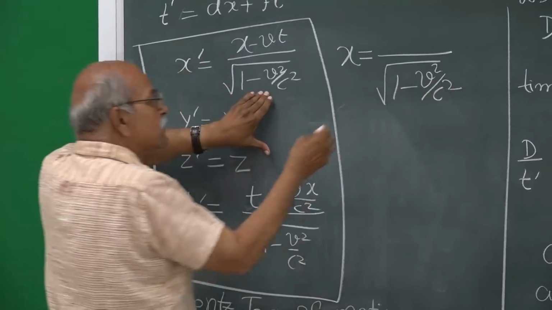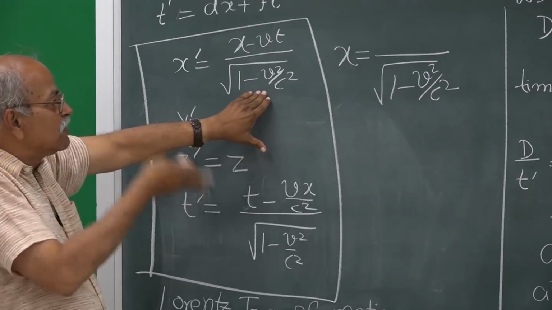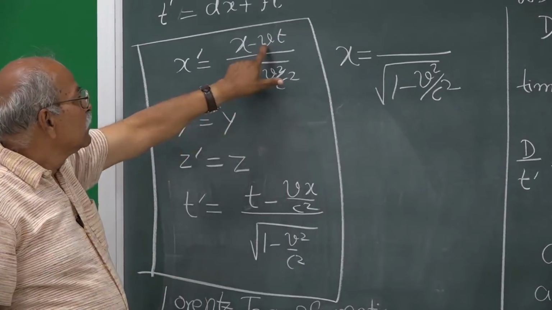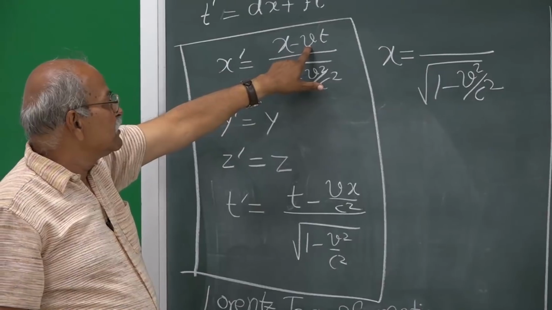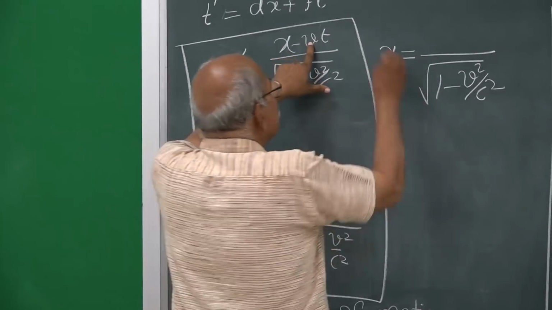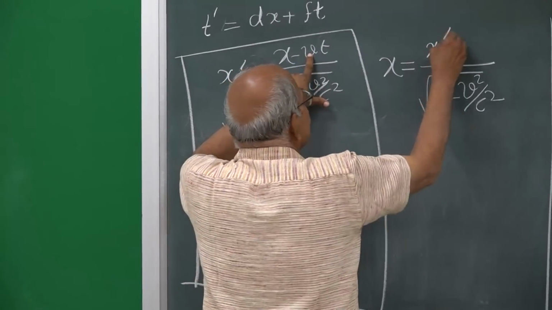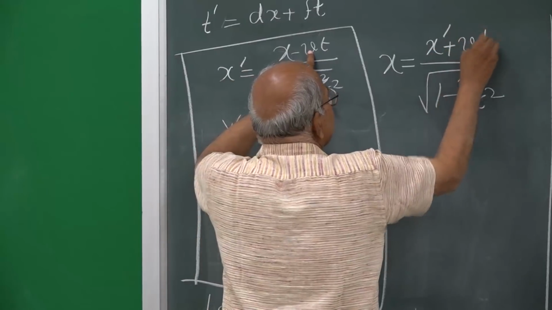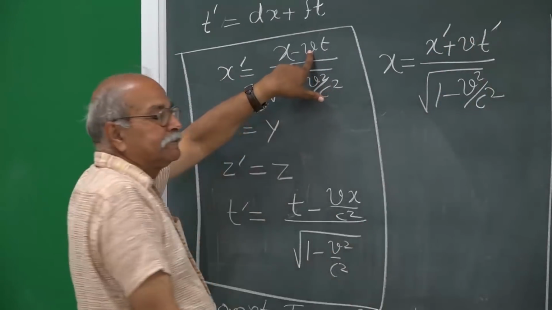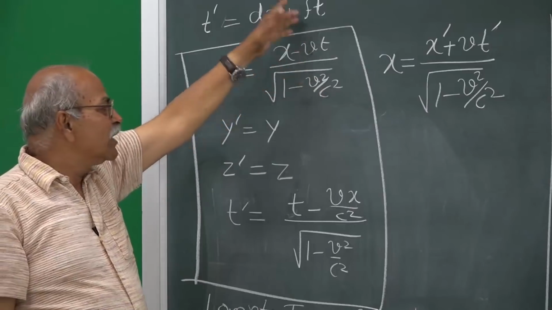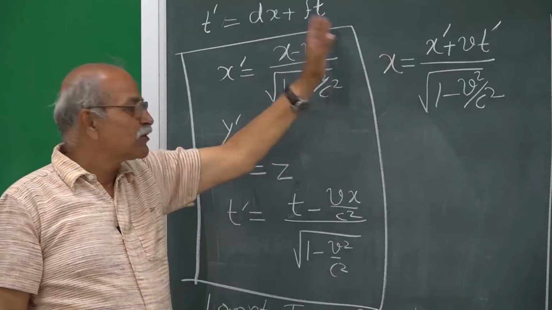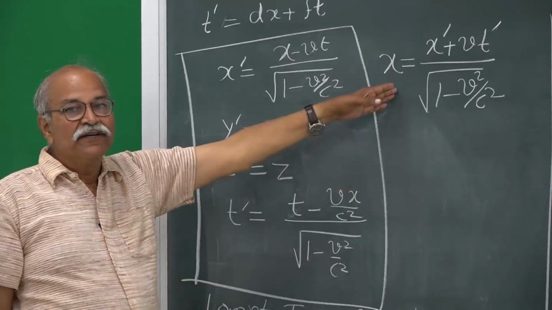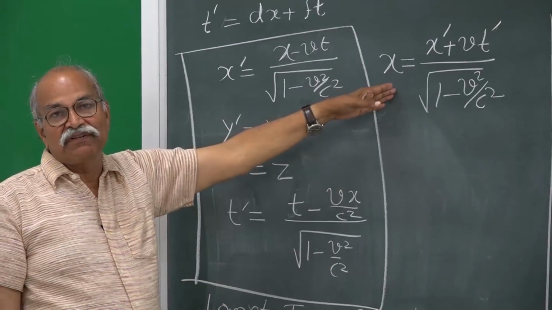When you put minus v in place of v, this does not change, but the numerator becomes plus, so it is x prime plus v t prime. Of course, I can do algebra and get it from all these equations, but it is simpler to use the principle of relativity.